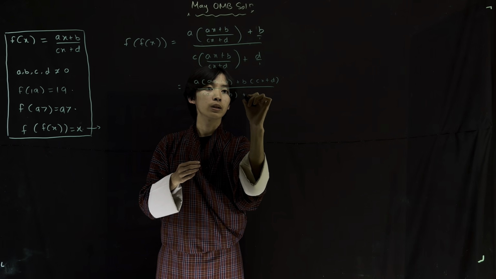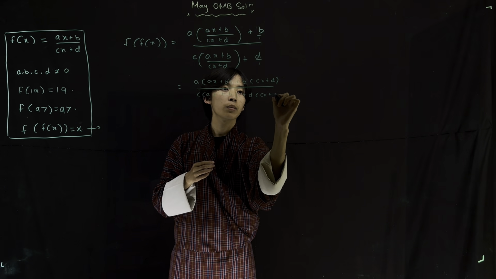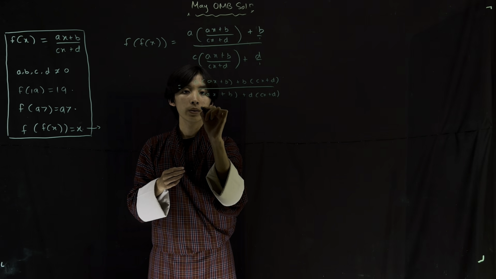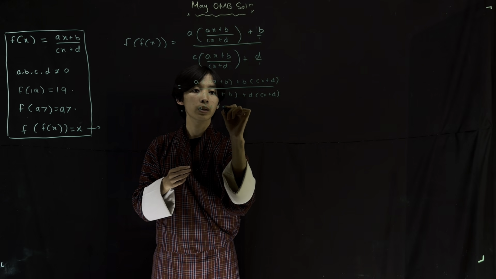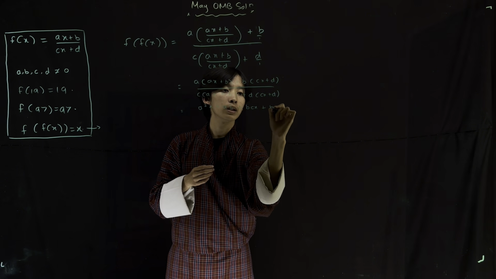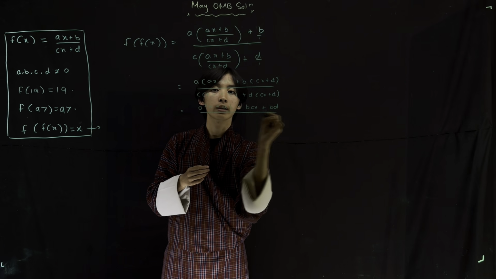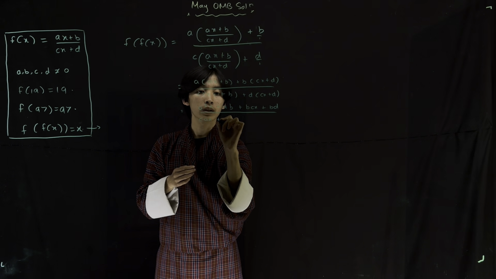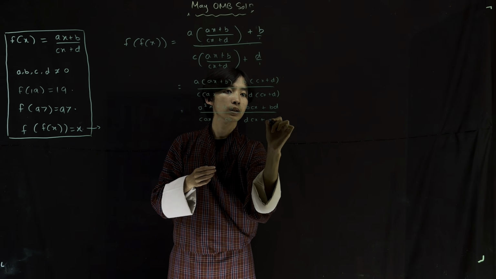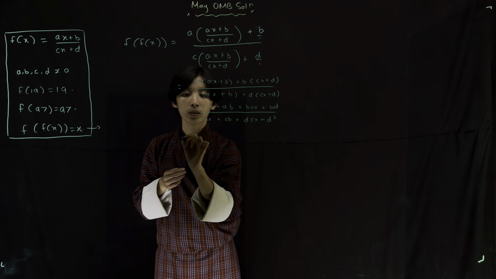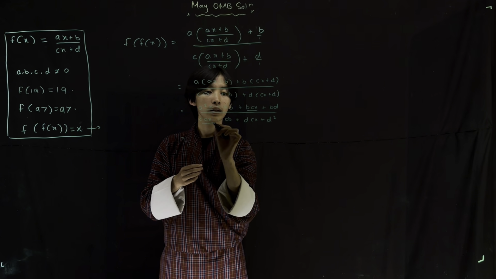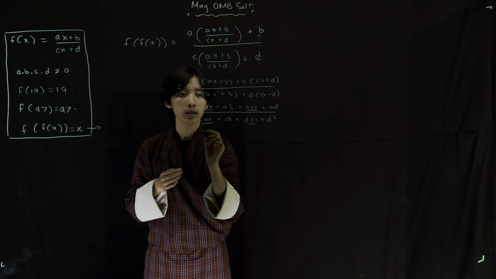Plus b plus d times c of x plus d, and on further multiplying we get a squared x plus ab plus bcx plus bd, whole divided by cax plus cb plus dcx plus d squared. So as we can see, we have x squared and we have x in both the numerator as well as the denominator.